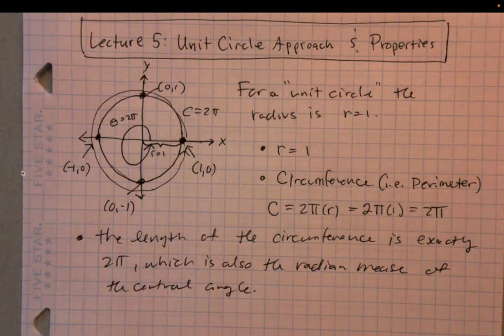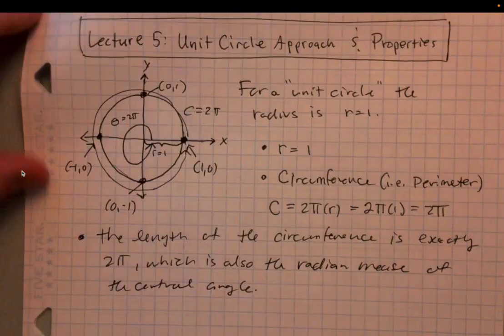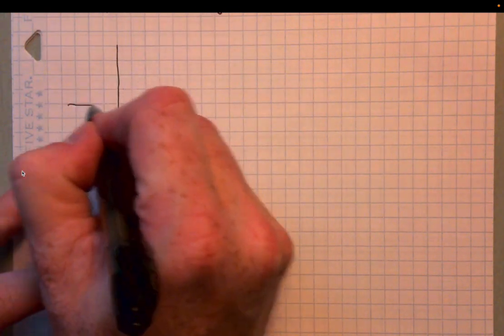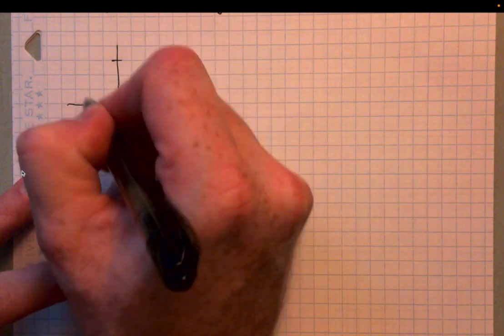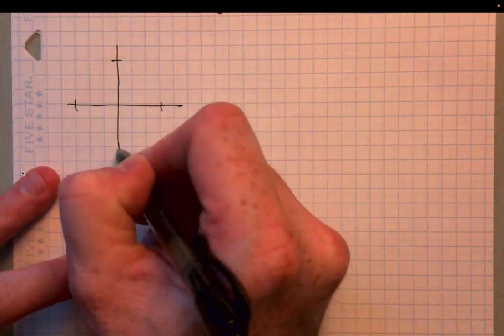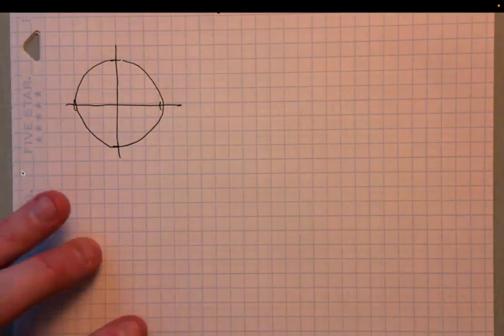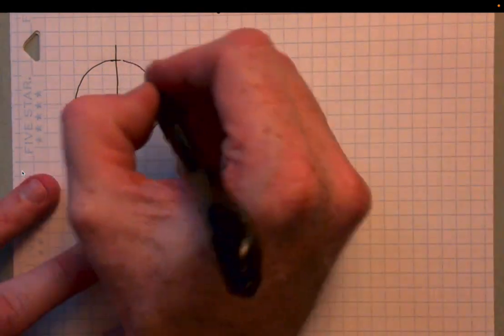Okay, so let's talk about how we do trigonometry using the unit circle. Okay, and so let's imagine we have a unit circle here. Okay, so I've got a unit circle. And let's put a point on the unit circle. It doesn't matter where we put it.